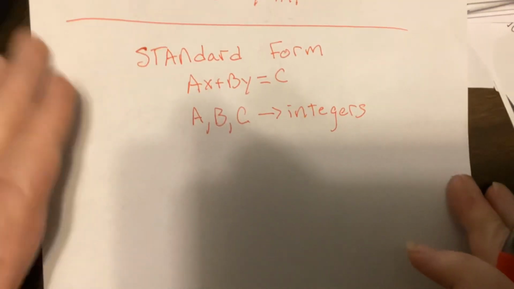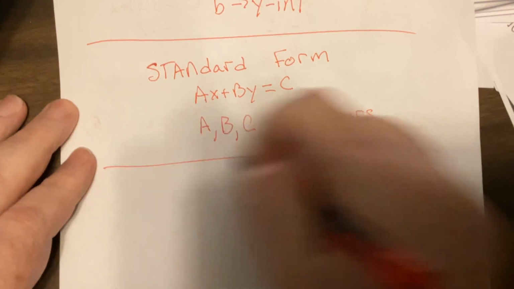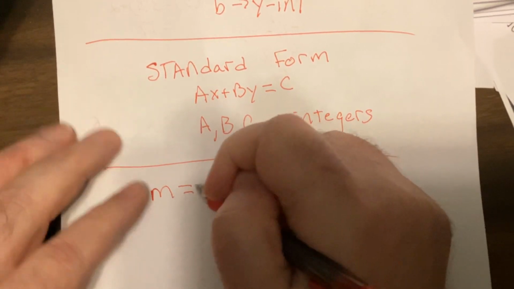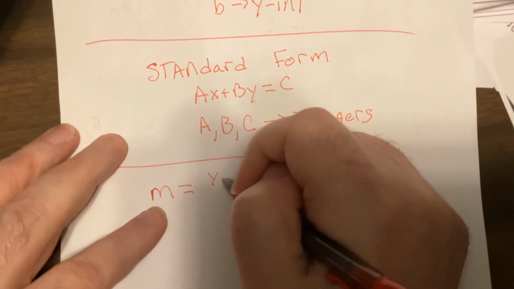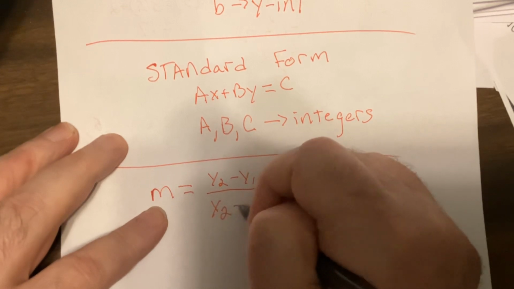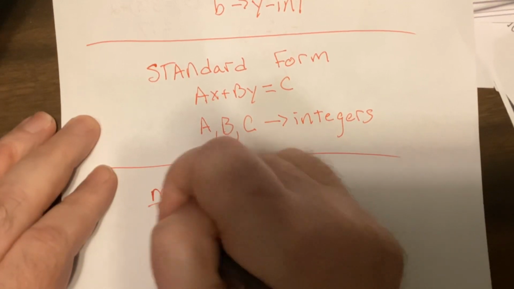Then the last thing is a new formula we haven't used yet. And what they did is they took the formula for slope and they cross-multiplied.